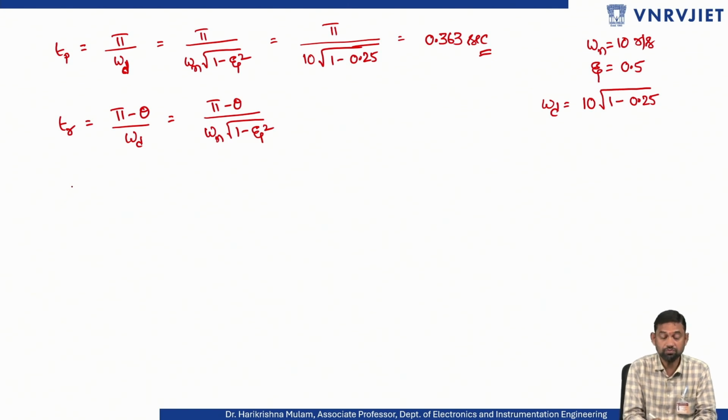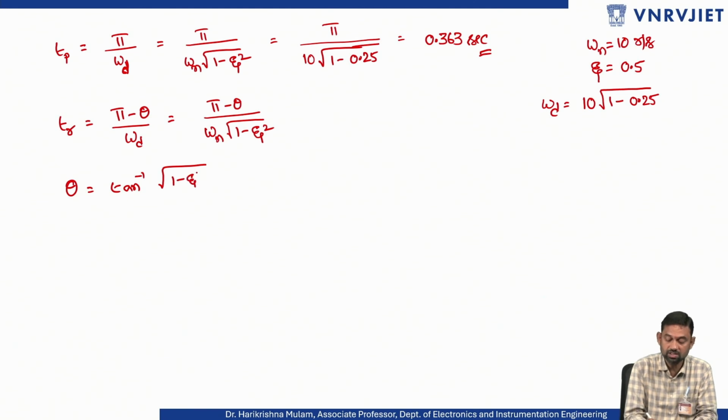Here you need to find the value for this theta. The theta expression is tan inverse of square root of 1 minus zeta square by zeta.